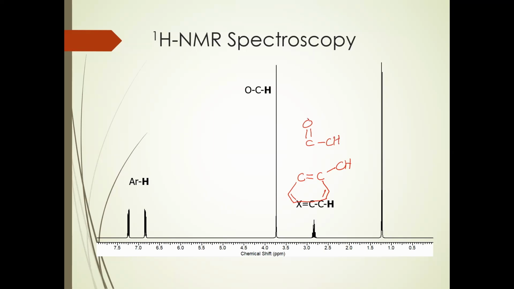So, something like acetone would have a peak in about this range. But this is CH next to a double bond. And then the last peak is around that 1 to 2 range. This is the range where we have just typical alkyl CH, the methyls, methylenes, methines. So we know the various types of hydrogen.